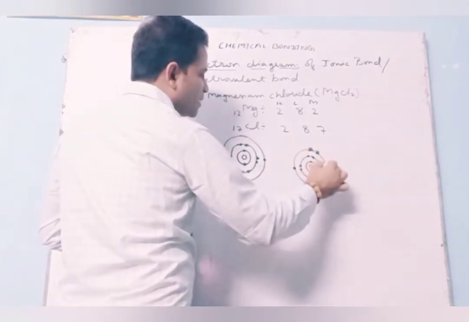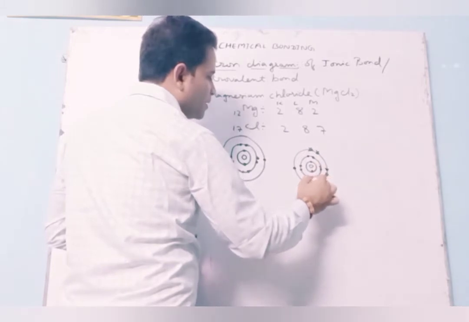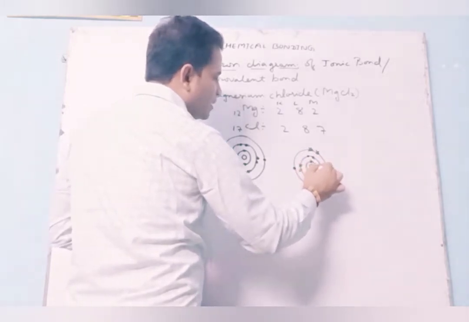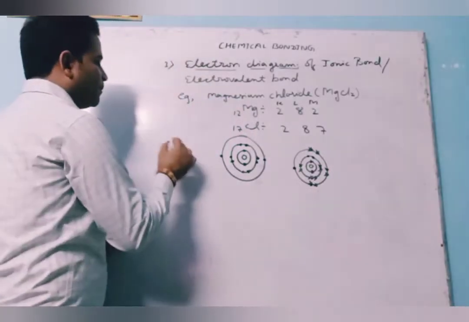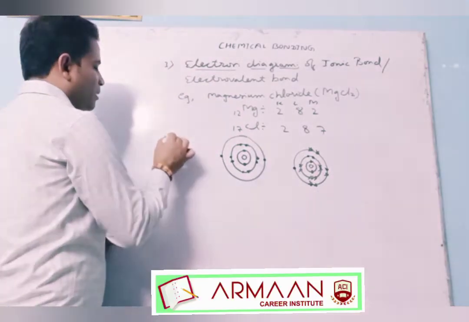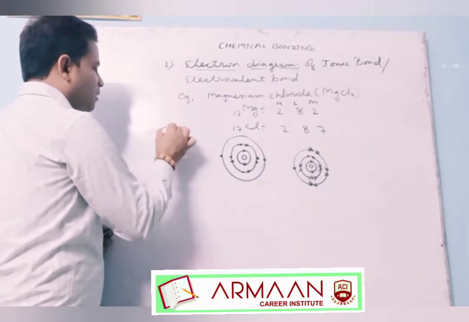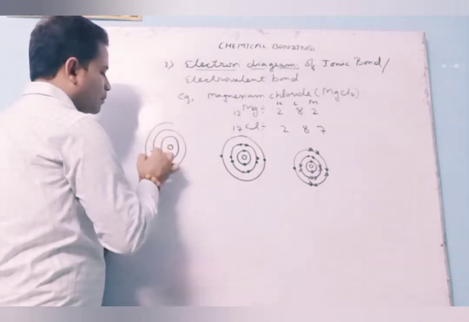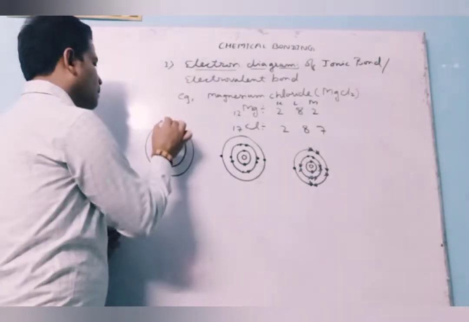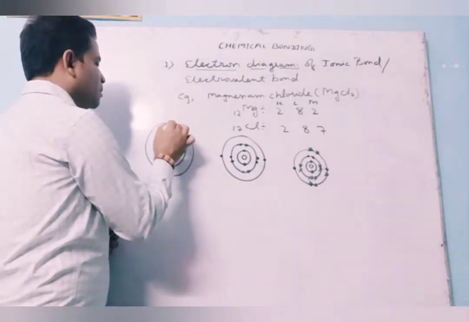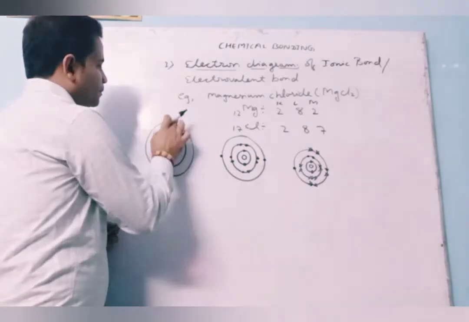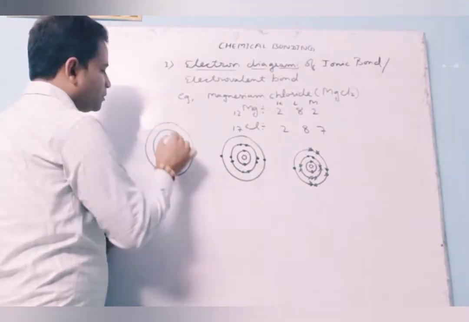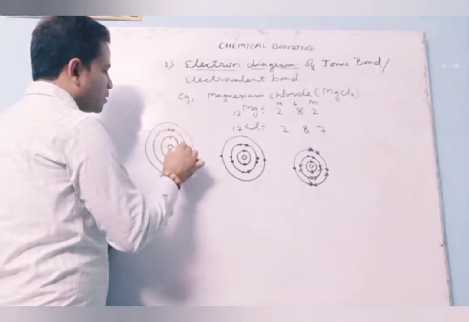So by representing a cross here, we can differentiate easily. So that's why here again another chlorine atom. See here, the 2 electrons, 8 electrons.